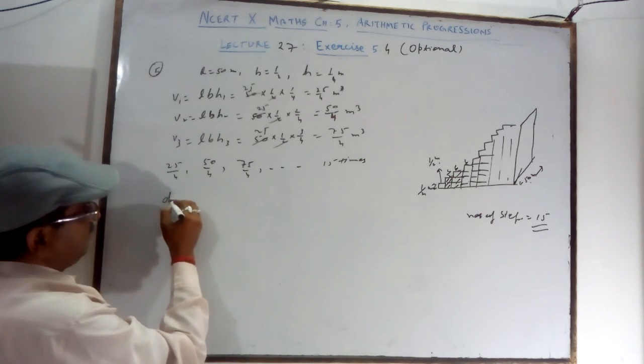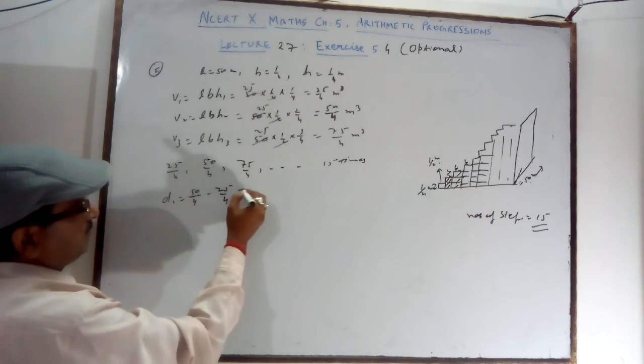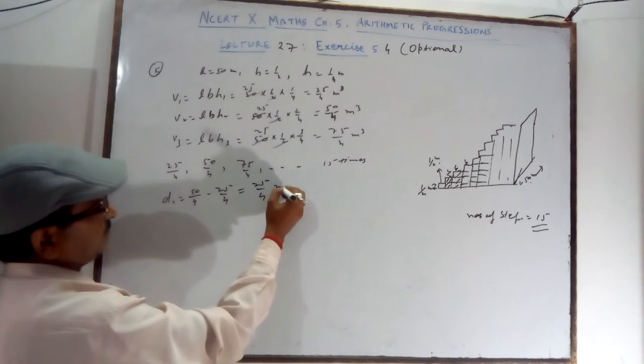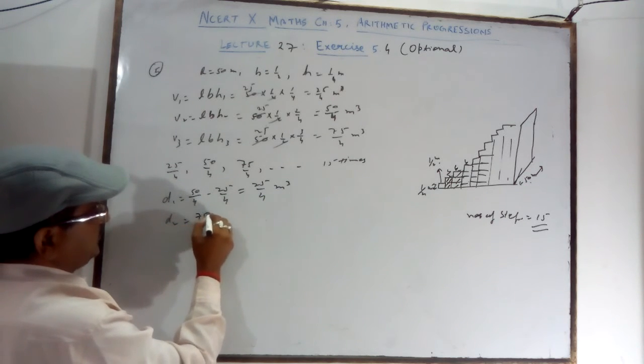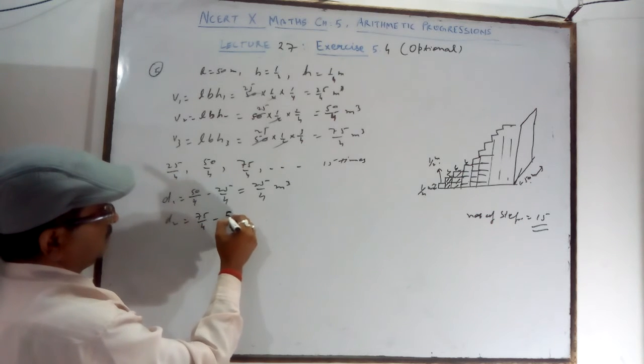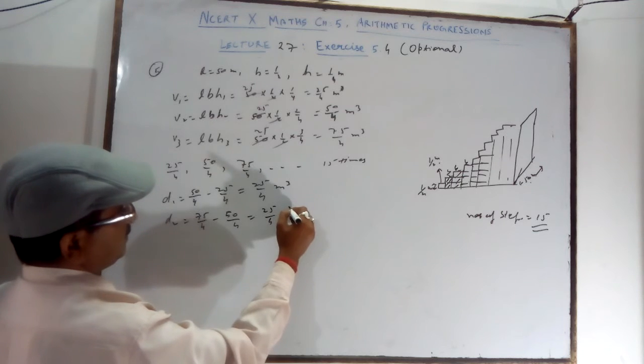So what is D1? 50 by 4 minus 25 by 4. You are getting 25 by 4 meter cube. What is D2? 75 by 4 minus 50 by 4, you are getting 25 by 4 meter cube.